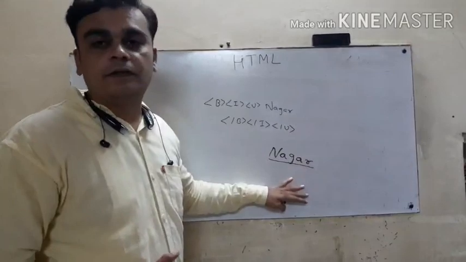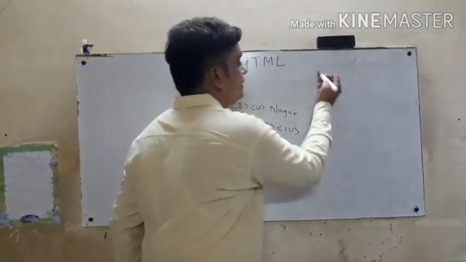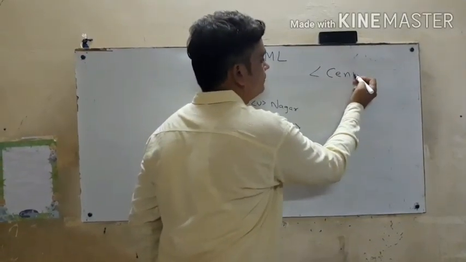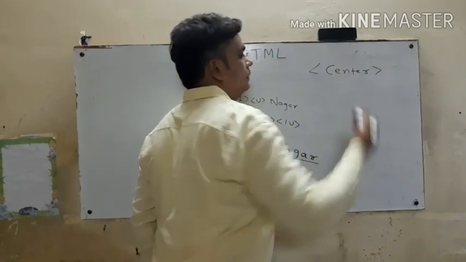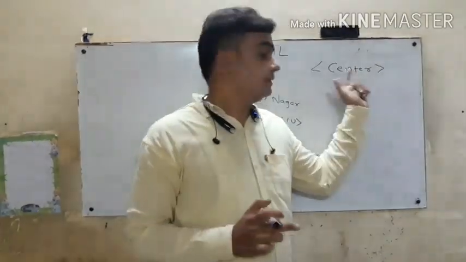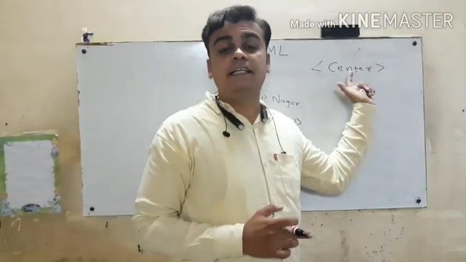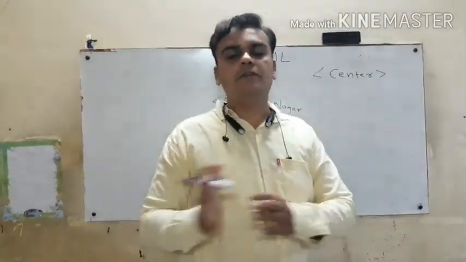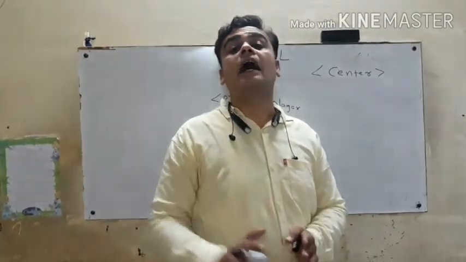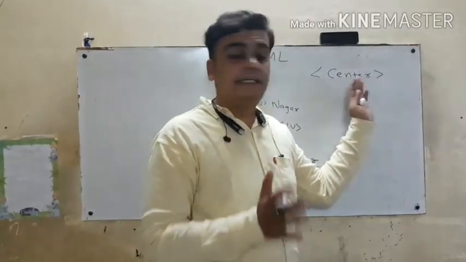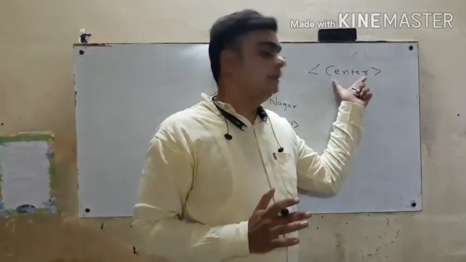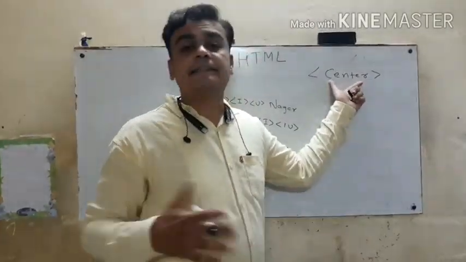Now thereafter my next tag is the center tag. Watch guys the spelling of center, C-E-N-T-E-R, and generally we use C-E-N-T-R-E. So there is a basic difference in the spelling between center and the center tag.